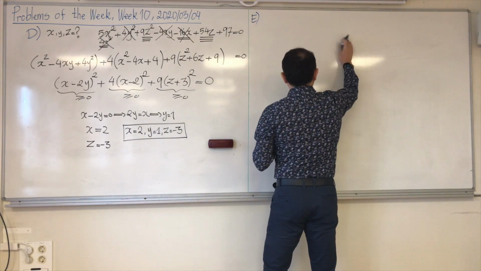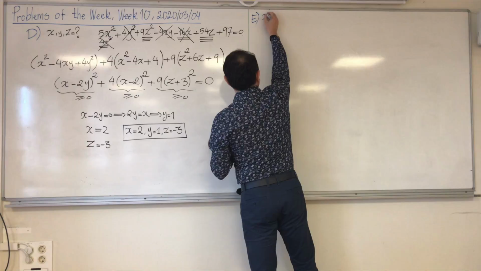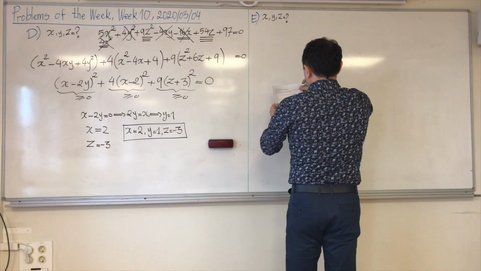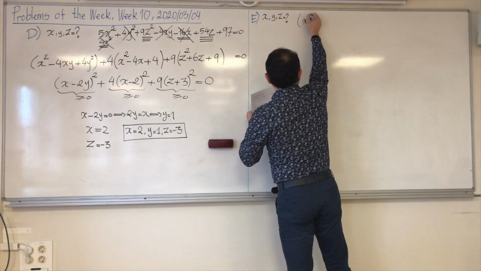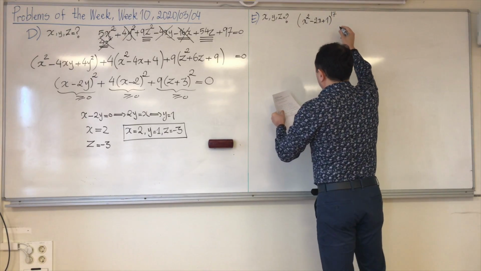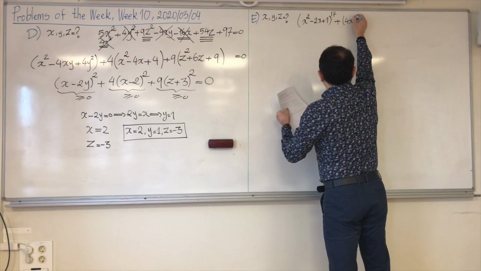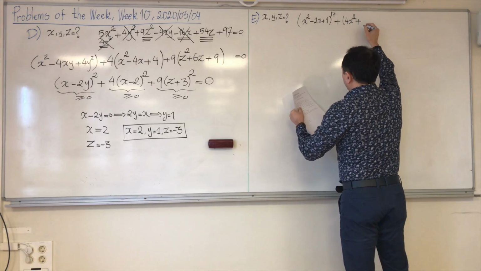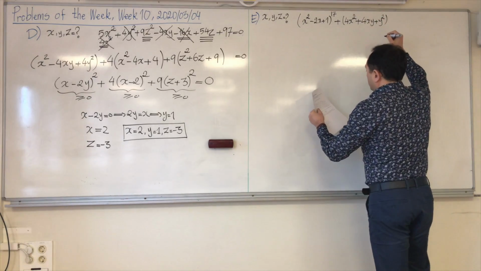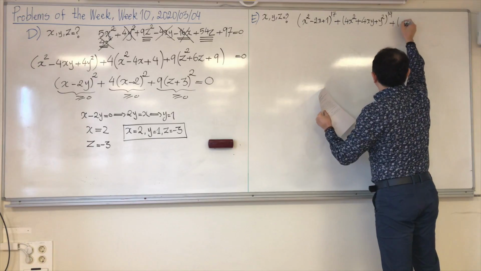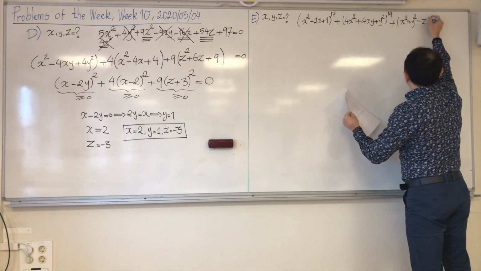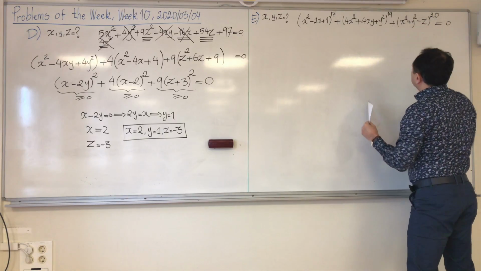Again, I have one equation, so my question is to find x, y, and z, but I have one equation. The equation is (x squared minus 2x plus 1) to the power of 17, and then I have plus (4x squared plus 4xy plus y squared) to the power of 19, and then I have (x squared plus y squared minus z) to the power of 20 is equal to 0.